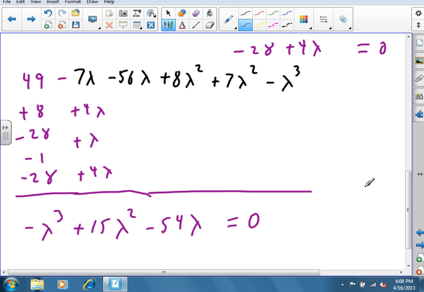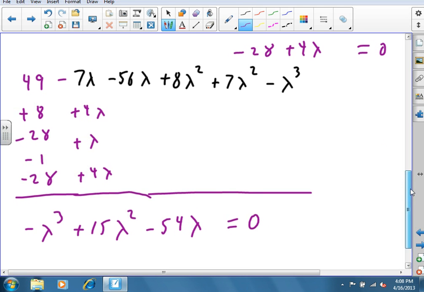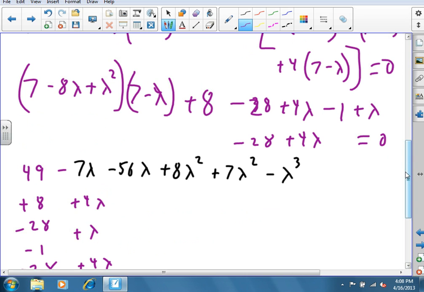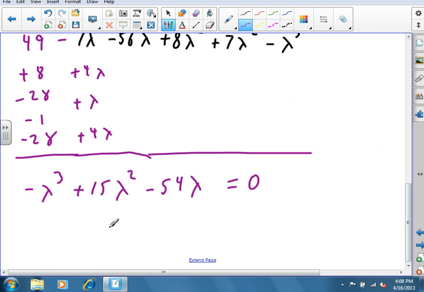That still doesn't factor. That still doesn't factor nice. Lambda times minus lambda plus 15 lambda plus 54.